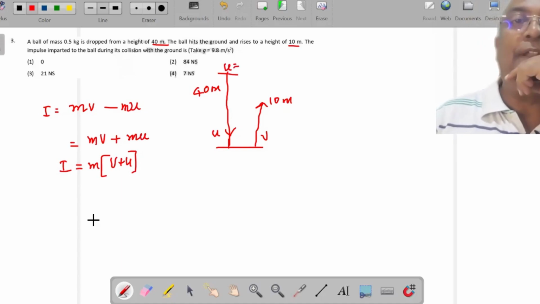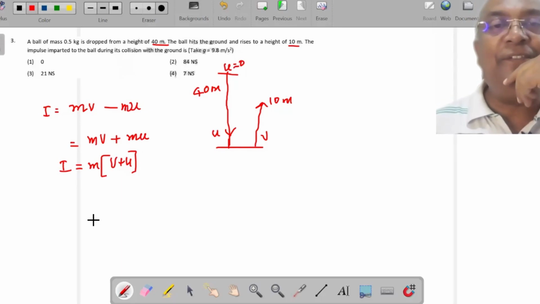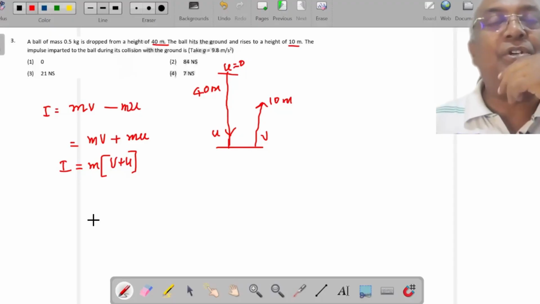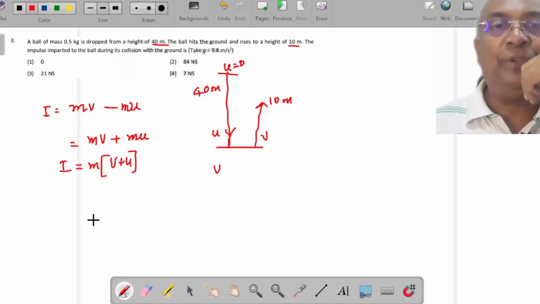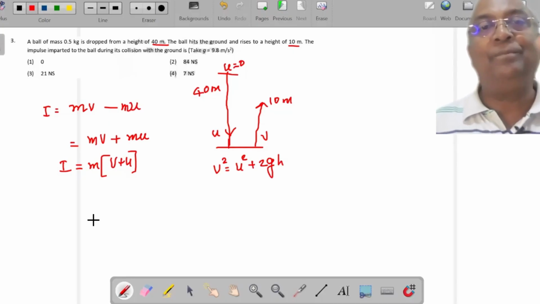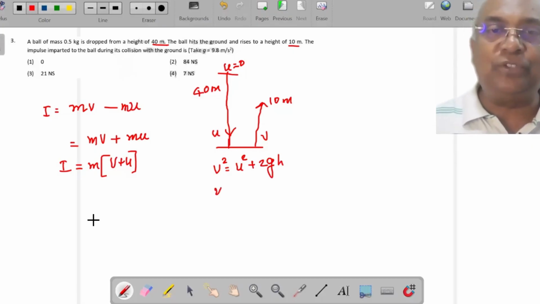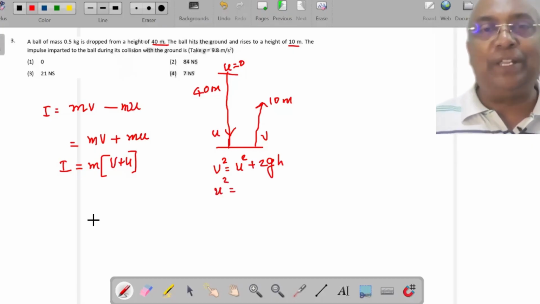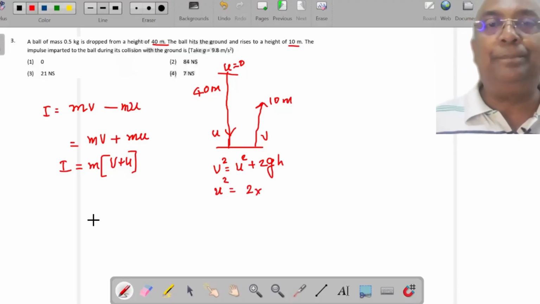It dropped. So the final velocity, v squared equals u squared plus 2gh. This is the formula we are going to use. Here the initial velocity is 0, plus 2 into 9.8 into height.